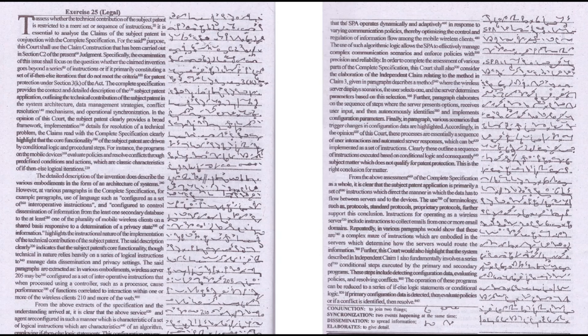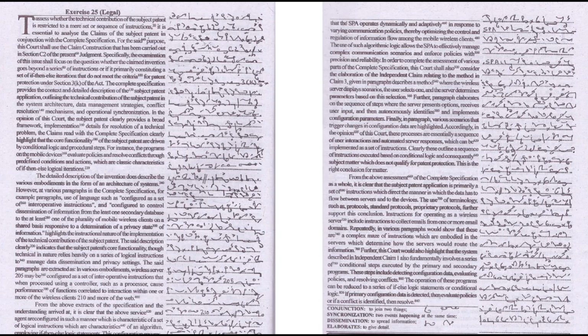From the above assessment of the complete specification as a whole, it is clear that the subject patent application is primarily a set of instructions which direct the manner in which the data has to flow between servers and to the devices. The use of terminology such as protocols, standard protocols, proprietary protocols further supports this conclusion.